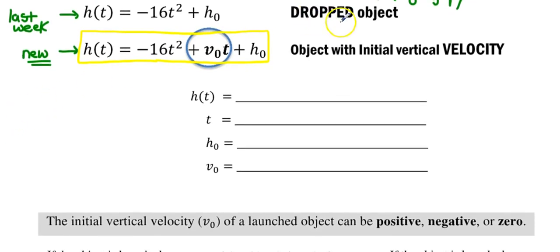So just like with our dropped or falling objects, h of t will represent current height. And this will always come from the question.